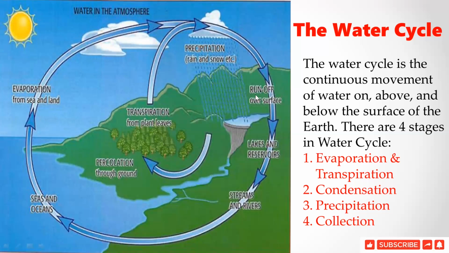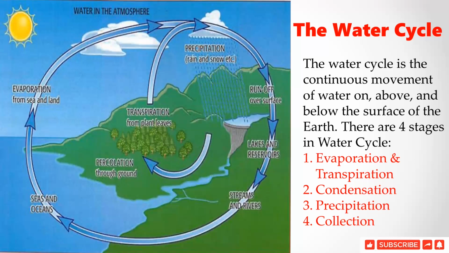Then after precipitation, the water coming on the surface of Earth sometimes runs off over the surface and goes to the lakes and reservoirs, and sometimes percolation happens, because the water is coming into the soil of the earth, from where the roots of plants receive or capture that water.